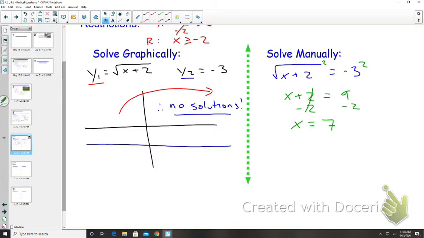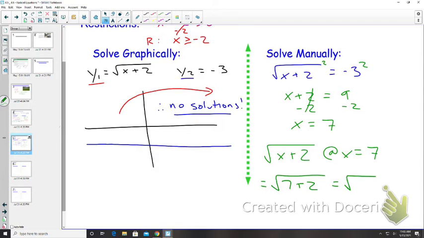It says that we have a solution here, but to check, let's sub this into our original equation. So root of x plus 2 at x equals 7 equals root of 7 plus 2, which is equal to root 9, which is equal to positive and negative 3.